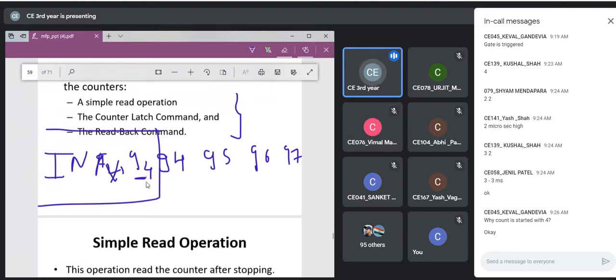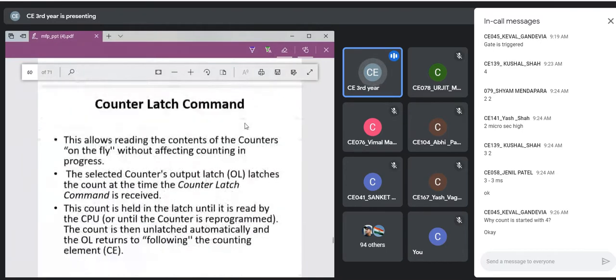While you are taking the value from your counter into your AX, the IN operation will take certain clock cycles.